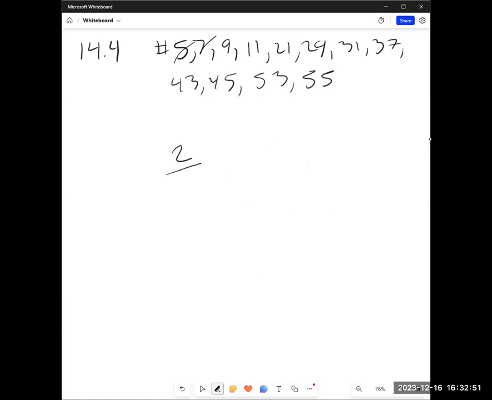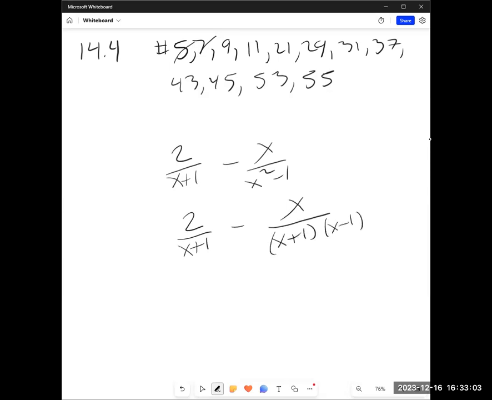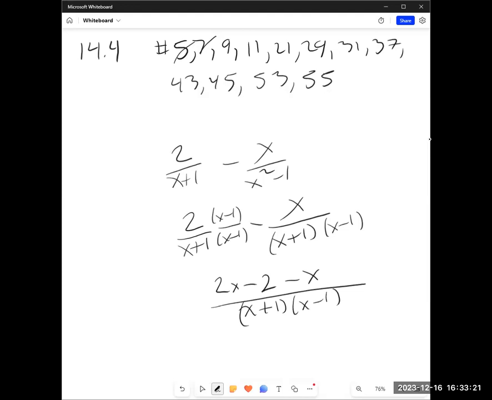We have 2 over x plus 1 minus x over x squared minus 1. That's 2 over x plus 1 minus x over x plus 1 times x minus 1. So this is going to be x minus 1 times 2, which is 2x minus 2, minus x, over x plus 1 times x minus 1. 2x minus x is x, minus 2, over x plus 1 times x minus 1.